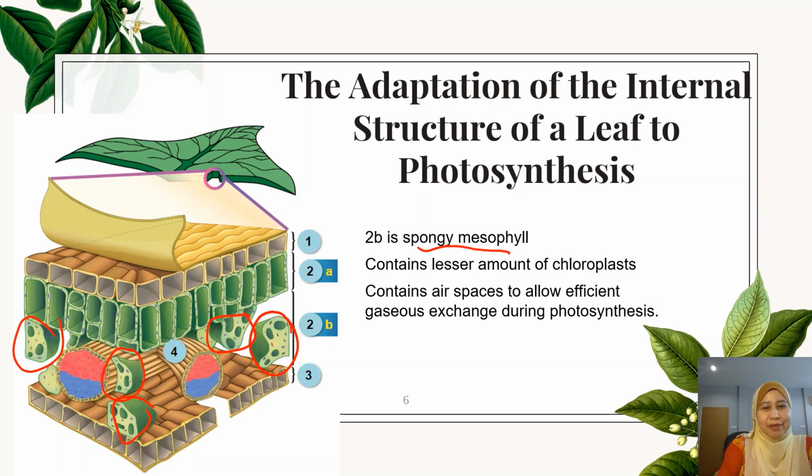If you see the arrangement of the spongy mesophyll, they are arranged loosely, apart from each other. This will allow air spaces in between them. When there are air spaces, this will allow efficient gaseous exchange for the photosynthesis to occur.